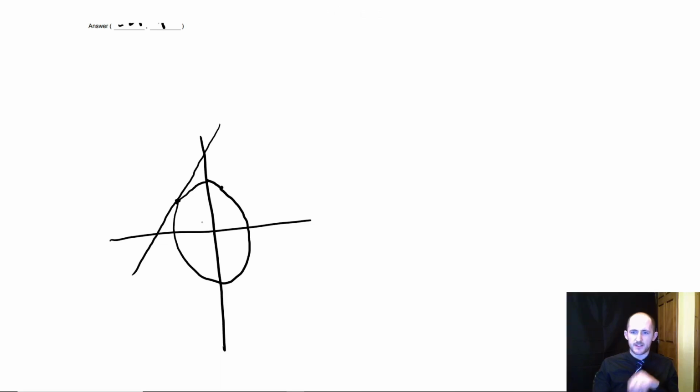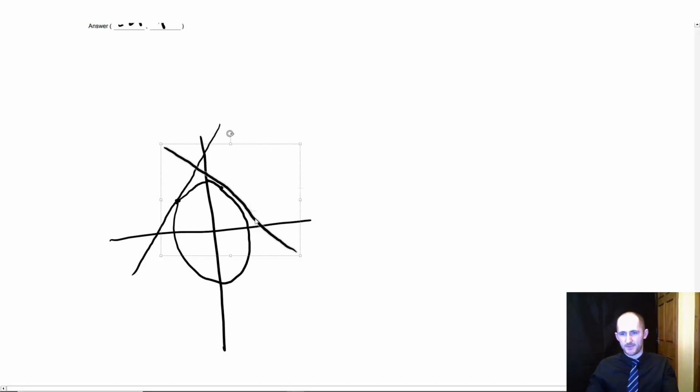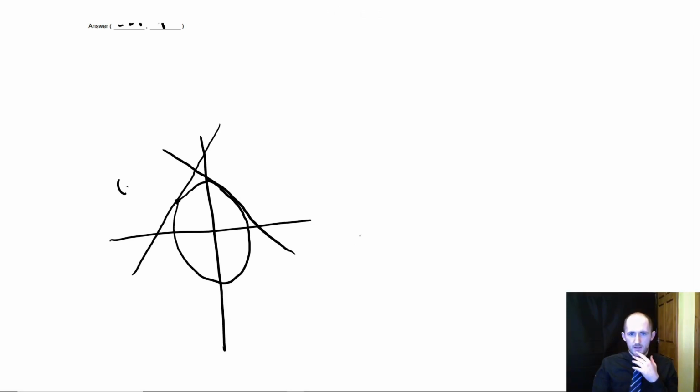So let's say like this. Just imagine that touches for a second. Something like that. Again, it doesn't matter too much about accuracy, but let's label the points. We have -14 and 3, and we have 13 and 6 somewhere in that mess.